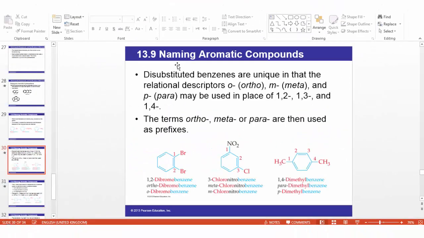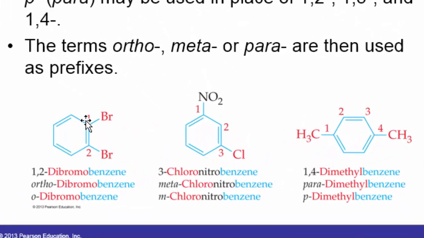Now, di-substituted benzenes are unique in that the relational descriptors ortho, meta, and para may be used in place of 1,2, 1,3, and 1,4. The terms ortho, meta, or para are then used as prefixes. For example, if you have this di-substituted benzene with two similar bromo groups, you number it 1,2-dibromobenzene.